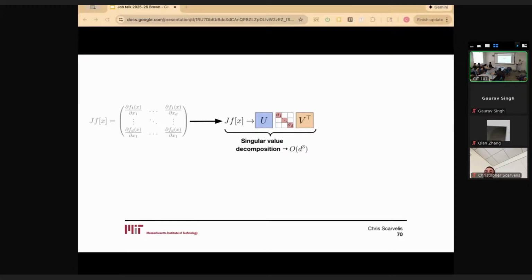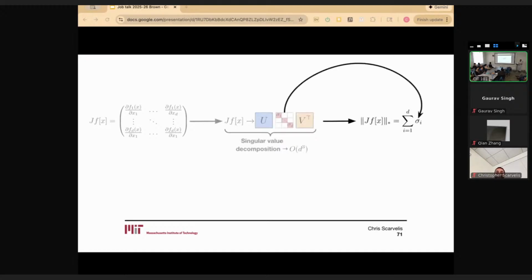The next step is going to be to take the SVD of this matrix, and this is going to be the step that really kills us. Its complexity is cubic in the data dimension, which is often in the millions for data like high-resolution images. And so we're not going to be able to compute this SVD in practice. The final step will be to add up the singular values we just computed, which are just the entries of that second diagonal matrix. That's step C.